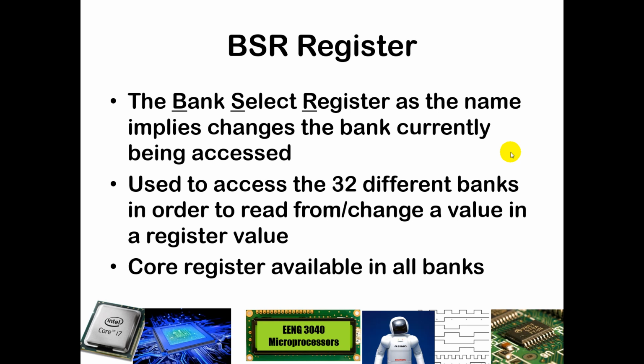And there will be some bank changes that will need to occur throughout that process. We're going to see some more examples of this once we start writing some code, but I just want you to be aware at this point that you will need to change banks, and the BSR register is how you do that. In order to actually get all the way through using different registers, we need to have this accessible in all banks. So BSR is actually a core register which will be available in all of the banks of the microcontroller.